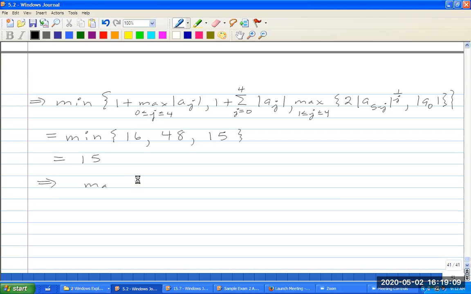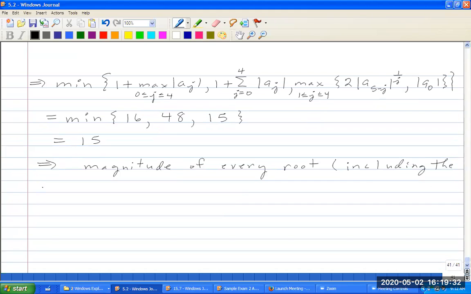So the magnitude of all these complex roots, of every root, including the complex roots, lies in the interval minus 15 to plus 15.